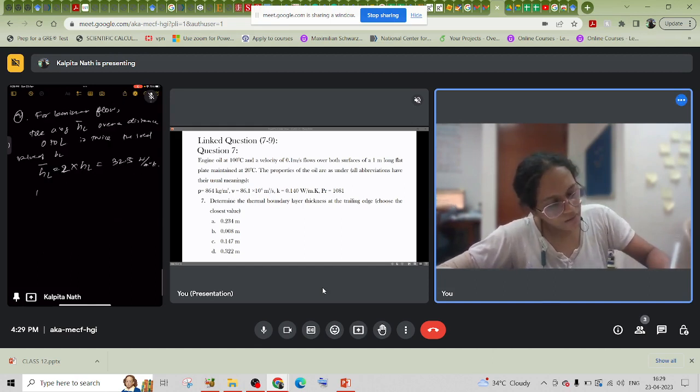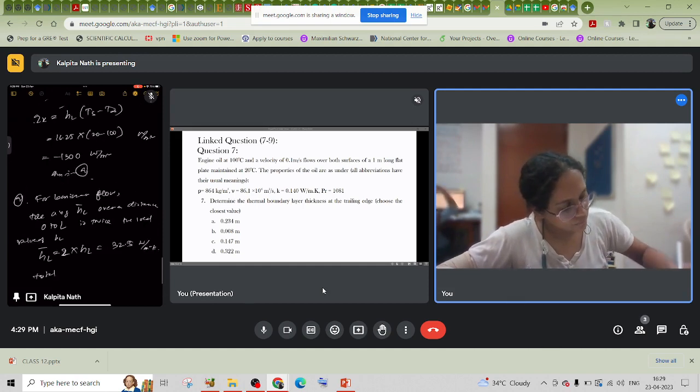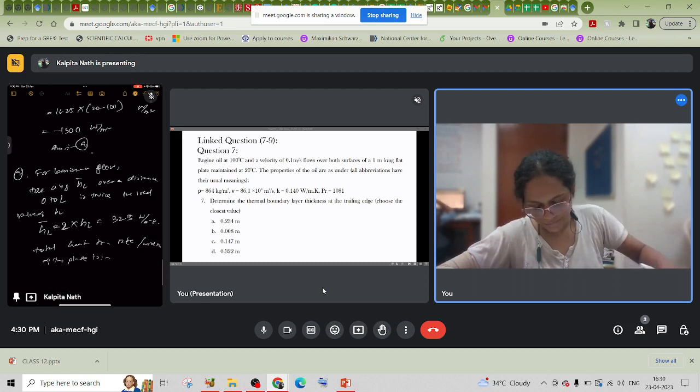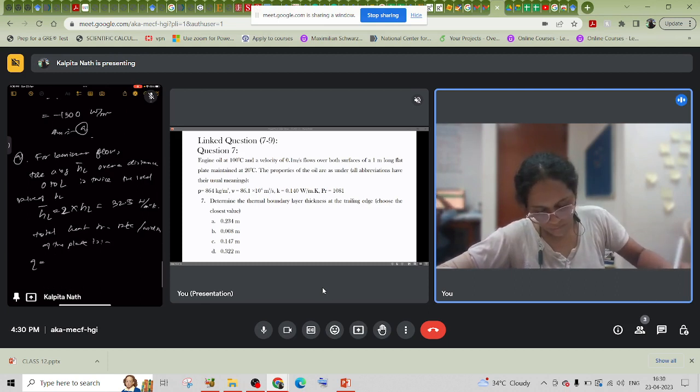So the total heat transfer rate per unit width of the plate is Q is equal to 2 into L into h_L bar into (Ts minus T infinity).